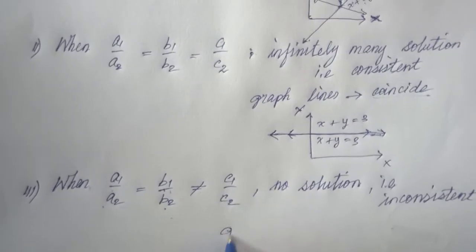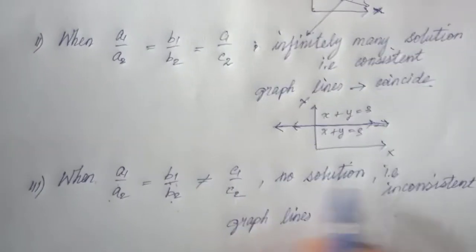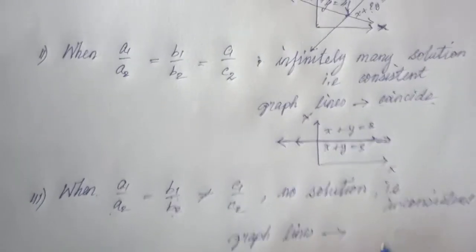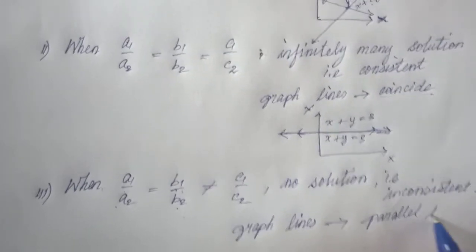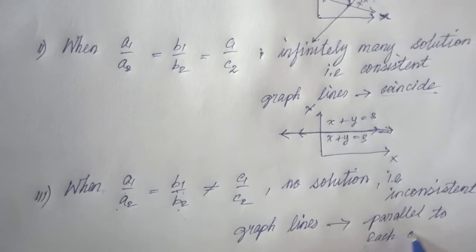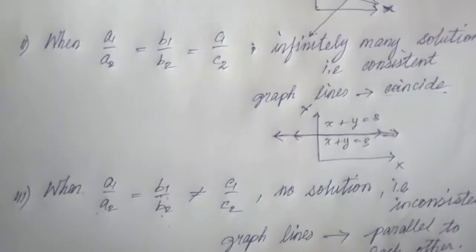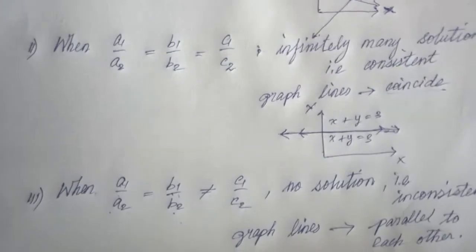In no solution, the graph lines will be parallel to each other. See, this is the y-axis and this is the x-axis.